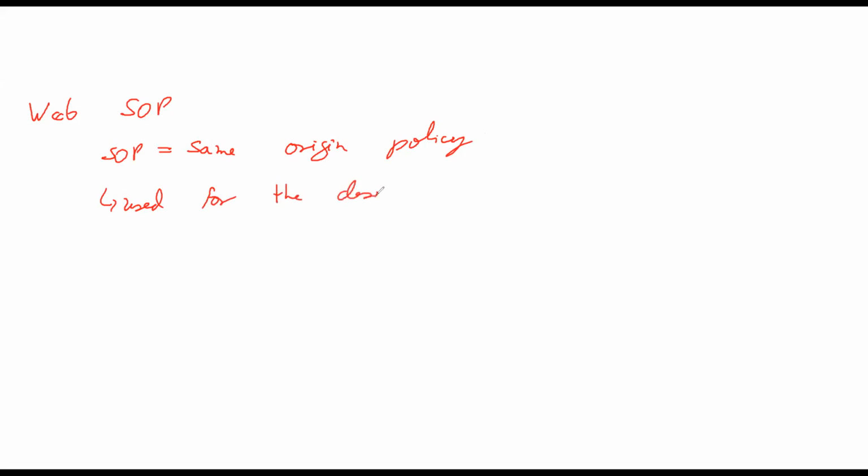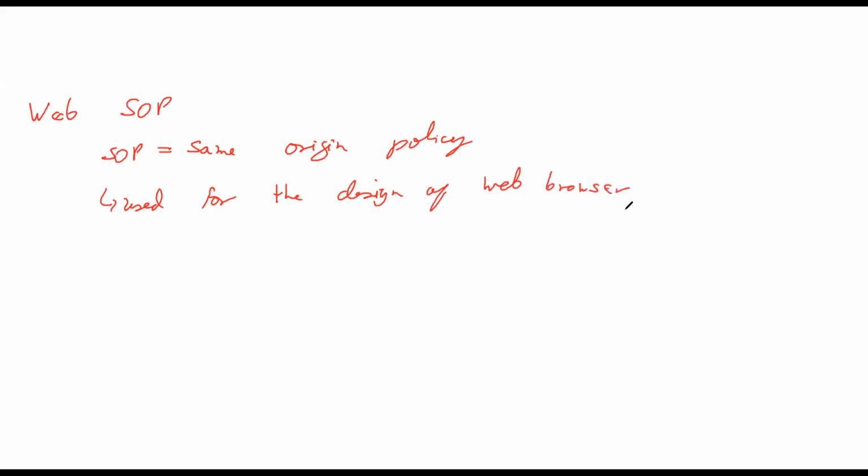The topic for this week is Web Same Origin Policy, or Web SOP. SOP stands for Same Origin Policy. Basically, it's like a guiding principle for the design of web browsers.